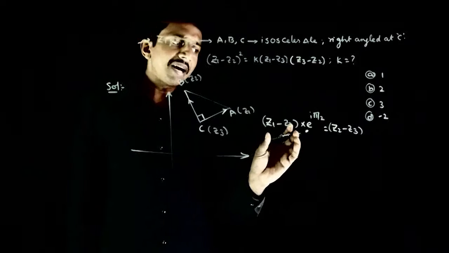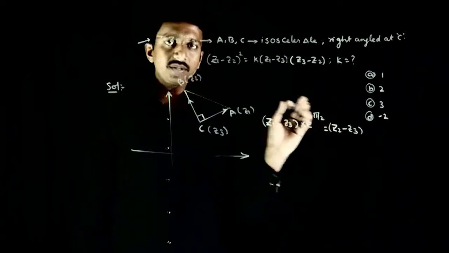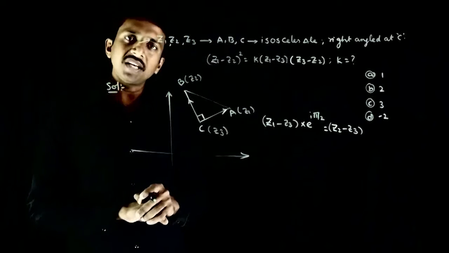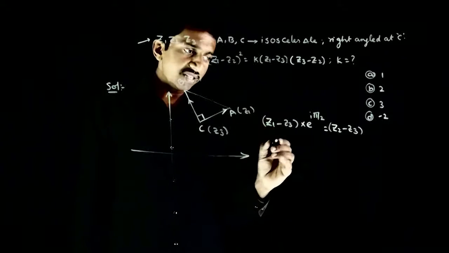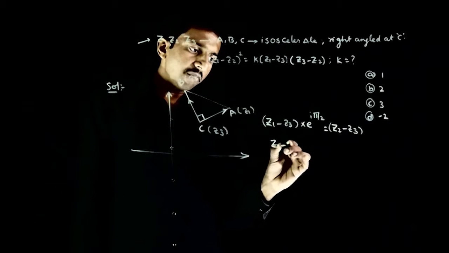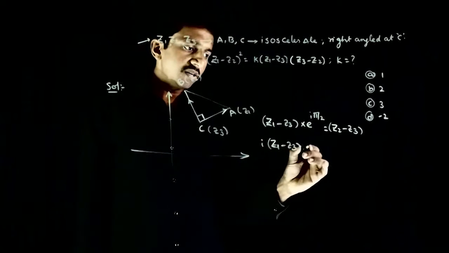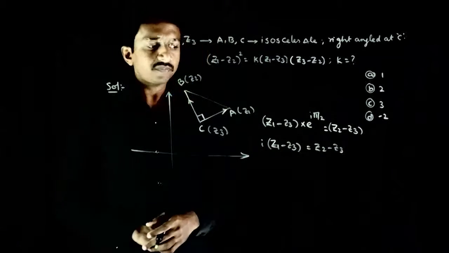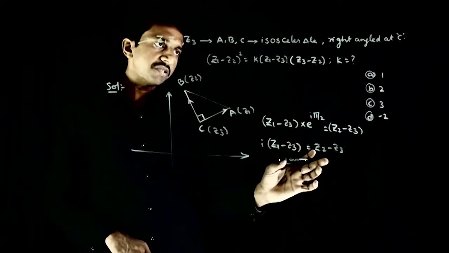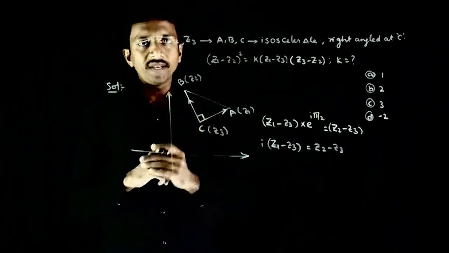So Z1 minus Z3 into e power i pi by 2 is equal to Z2 minus Z3. If I simplify this, Z1 minus Z3 times e power i pi by 2, which is nothing but i, is equal to Z2 minus Z3. So this relation connects Z1 minus Z3 with Z2 minus Z3.